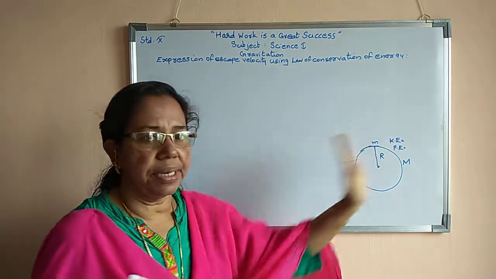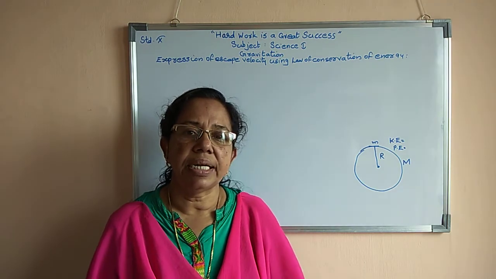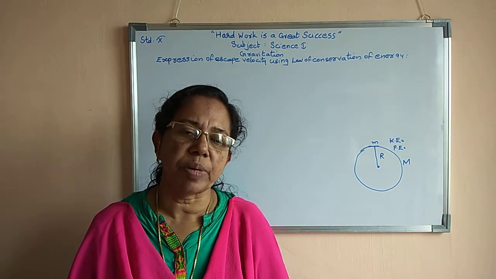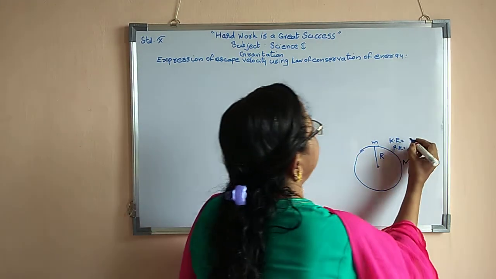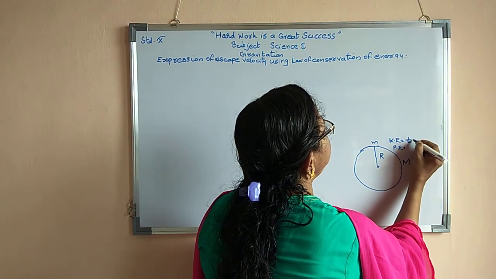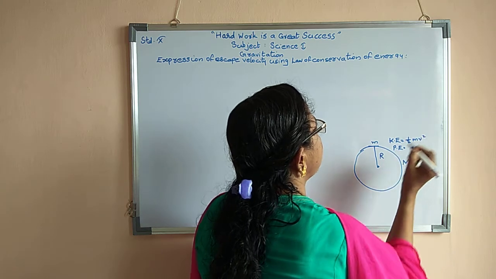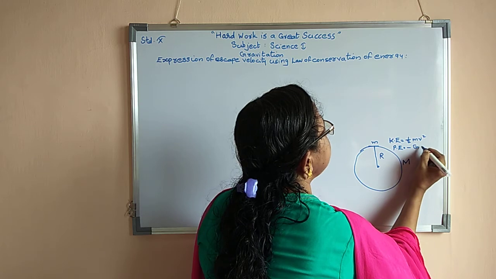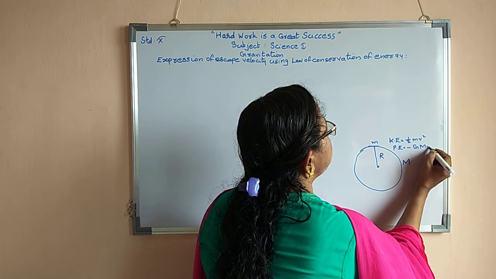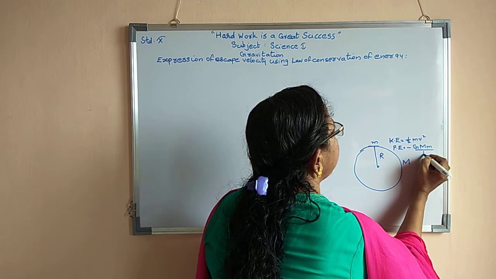Both of them we have to write now. Again we can say that the total energy possessed by them we have to find out. Now Ke is equal to half mv square. Potential energy is equal to minus capital G, capital M, small m upon capital R.